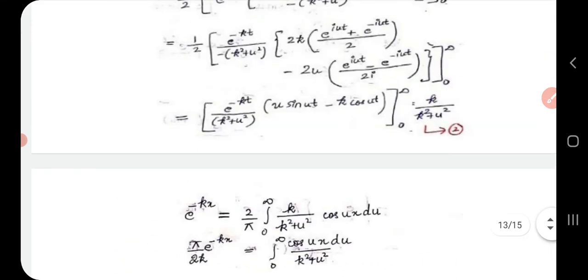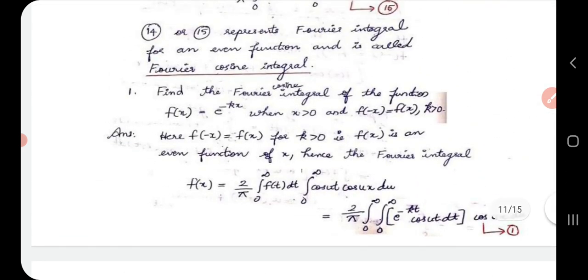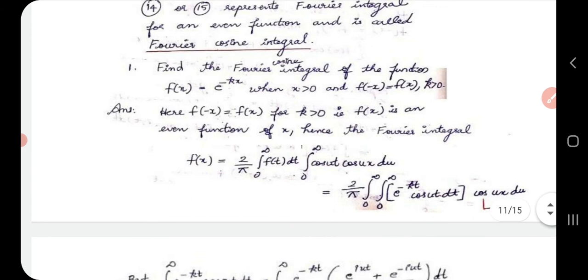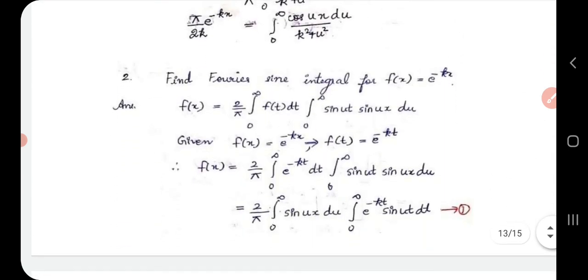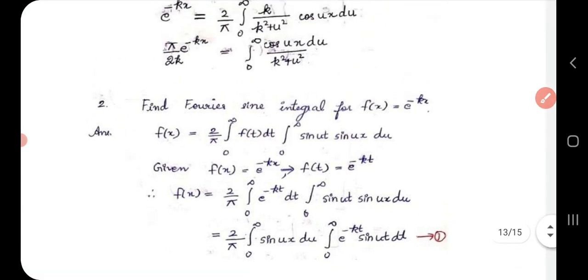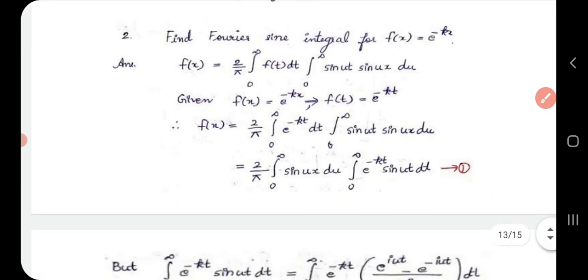Okay, so here read carefully the question. Here you are asked to find Fourier cosine integral and the given function is e raised to minus kx. Now here you are asked to find Fourier sine integral and the function is the same, e raised to minus kx. Since the function is the same, the process of integration is the same as that you have done above, that is for Fourier cosine integral.